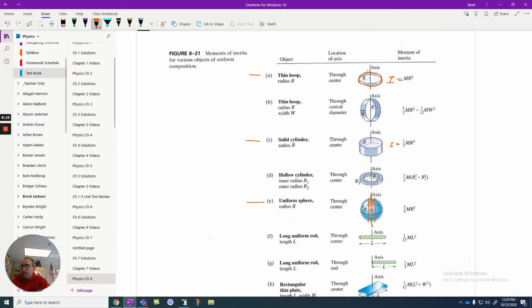And so all this mass, man, that's close. It's not going to affect the rolling. It's not going to be as big of an impact on the moment of inertia as the mass that's out on the edges. And so here the moment of inertia is dropped even more down to 2/5 of mr squared.